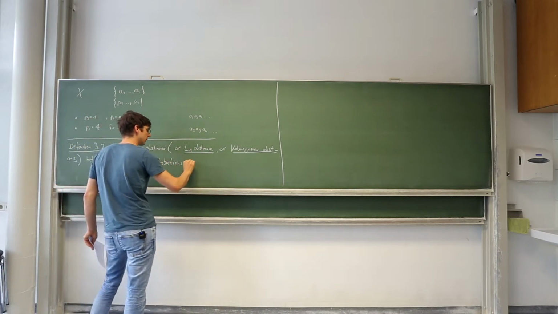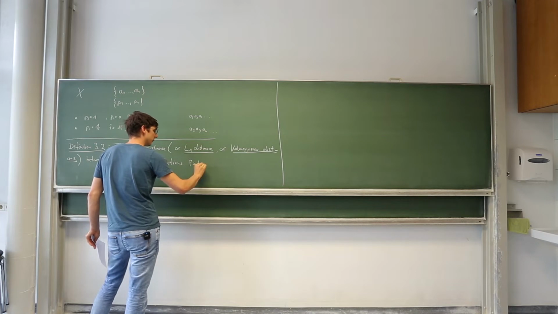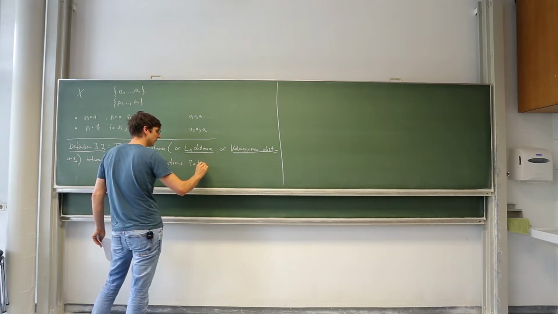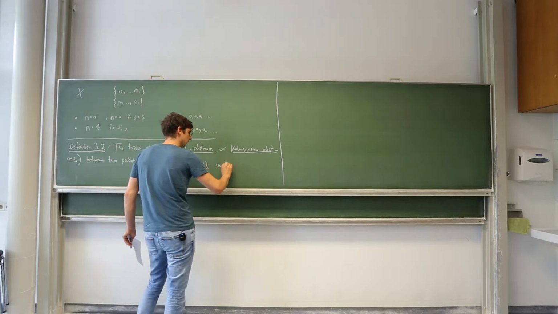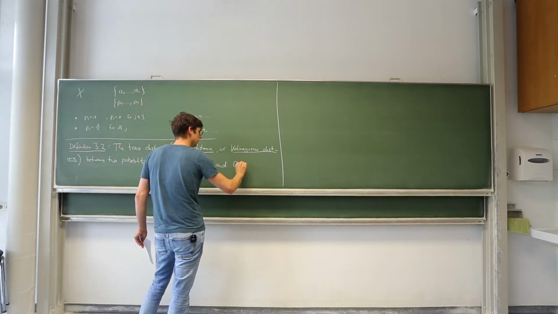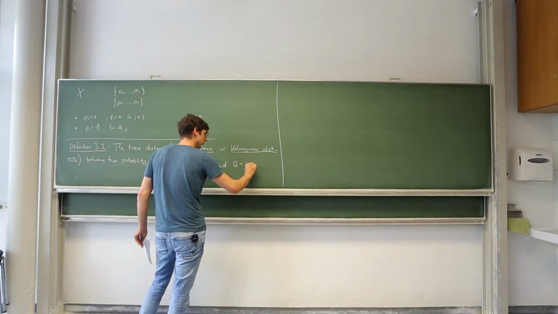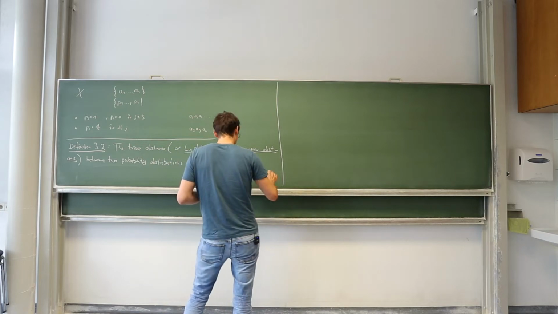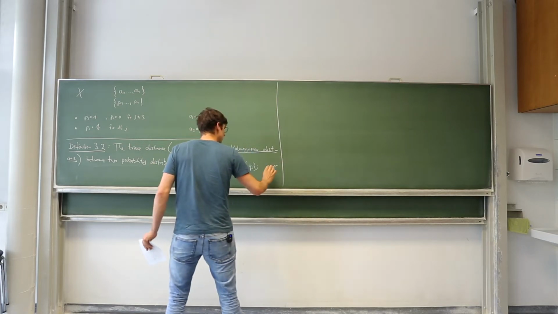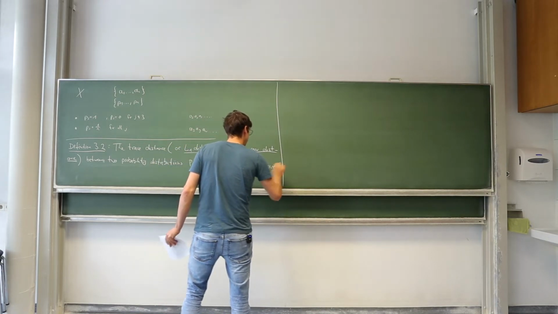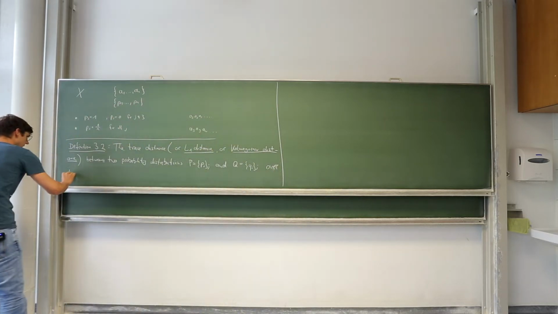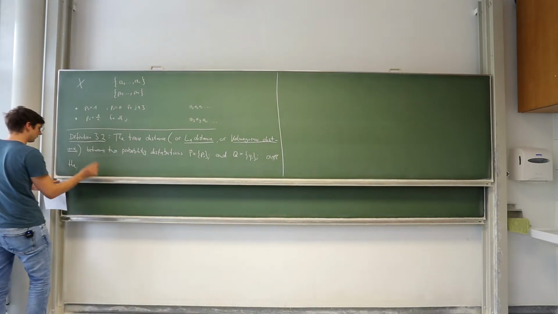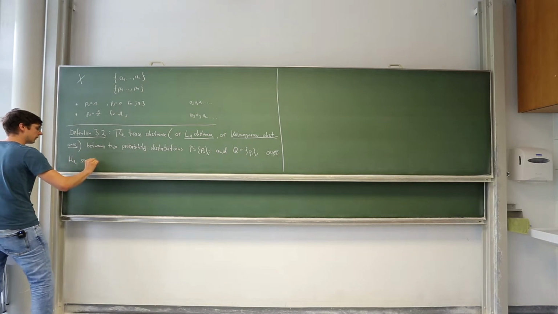Let's call them capital P, being the probability distribution with probabilities Pj, and say capital Q is the probability distribution with probabilities Qj. And these probability distributions run over the same index set.